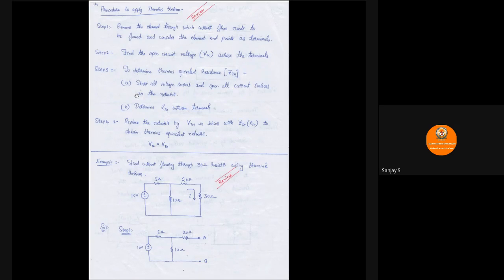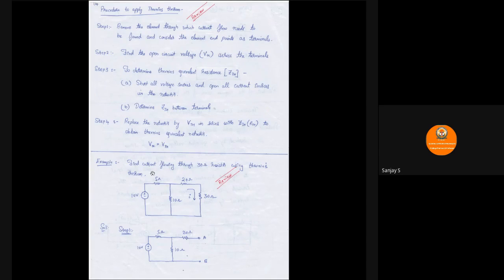For this, A, short all voltage sources, open all current sources in the network, and B, determine the equivalent resistance or equivalent impedance between the terminals. Step number 4, replace the network by VTH in series with RTH to obtain Thevenin's equivalent network.